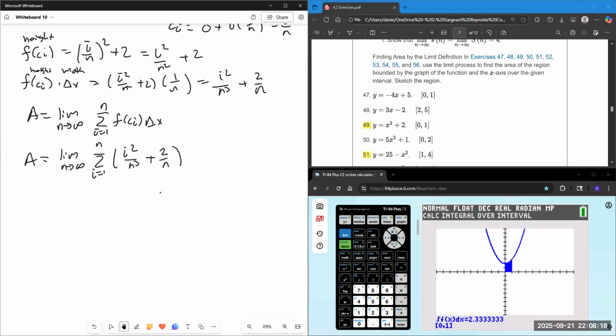And now I'm going to use my summation formulas that we talked about last time. Limit as n goes to infinity of the summation of i squared, going to pull this out, plus 2 over n summation i equals 1 to n of 1.